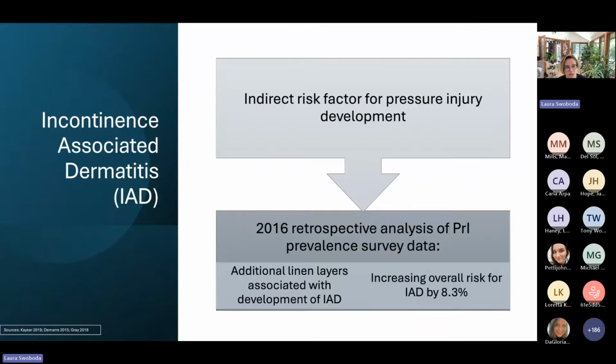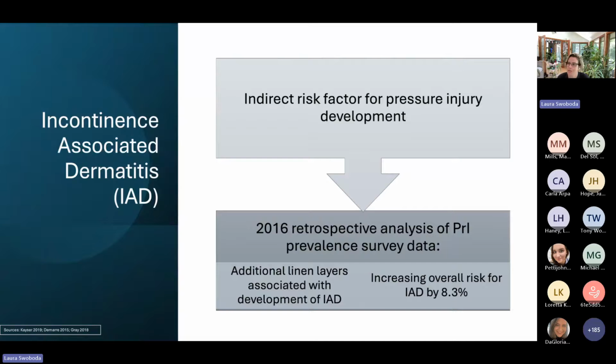And I'll just real briefly connect incontinence-associated dermatitis. So this is an indirect risk factor for pressure injury development. A 2016 retrospective analysis of pressure injury prevalence survey data found that additional linen layers are associated with the development of IAD, which is important anyways. I mean, we don't want our patients to suffer unnecessarily.